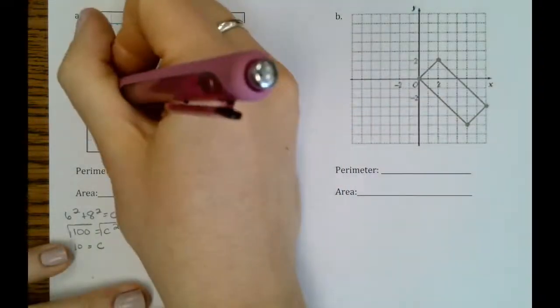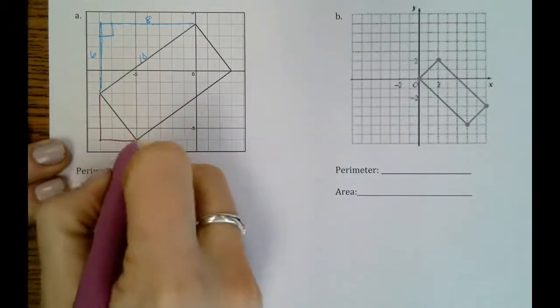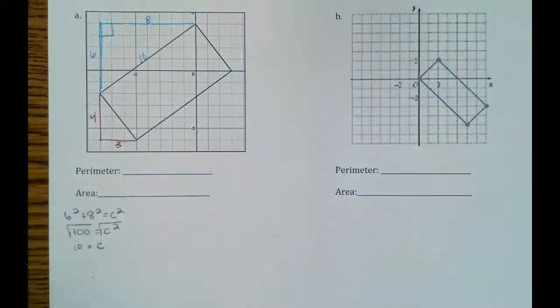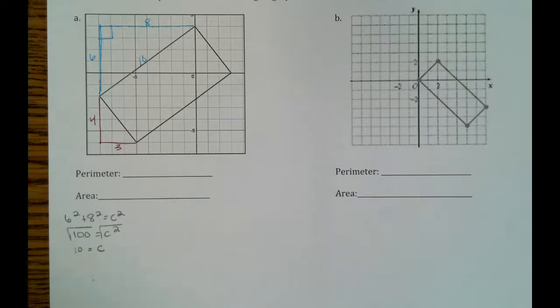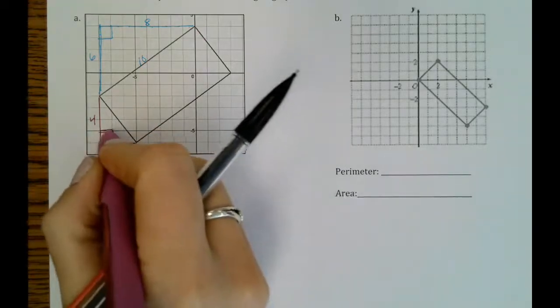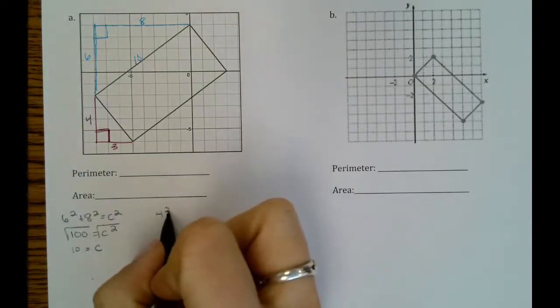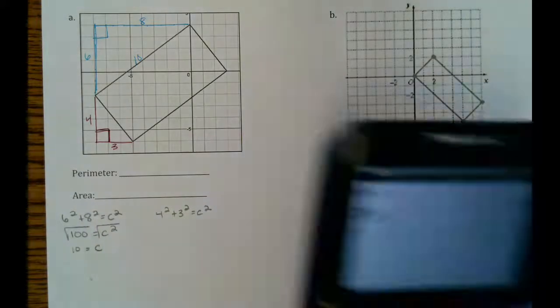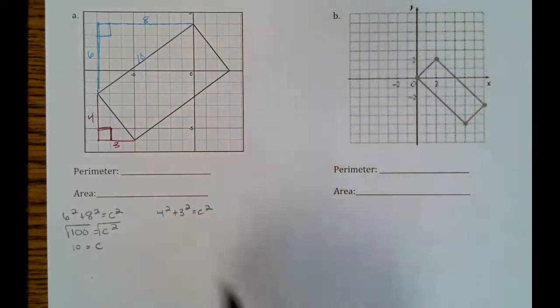Okay, next I'm going to do the other side. It's 3 and 4. So we're going to do the same thing. We're going to do the Pythagorean theorem again because we have a right triangle here. There's our right angle. So we'll have 4 squared plus 3 squared equals C squared. So 4 squared plus 3 squared is 25.